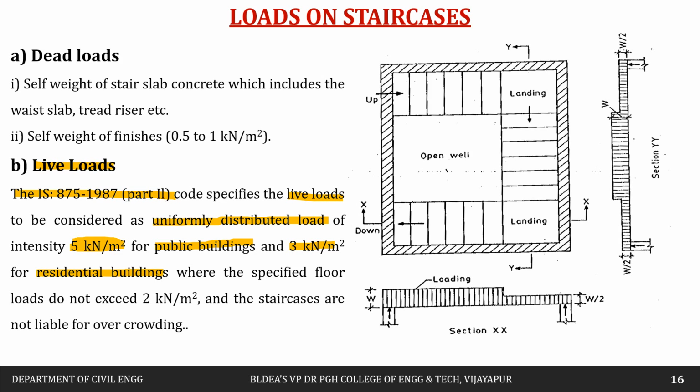If the specified floor loads do not exceed 2 kilonewton per meter square, then the staircases are not liable for overcrowding. For example, if you have any public building where there is a probability of overcrowding, then you have to specify a load of 3 kilonewton per meter square. If you provide 2 kilonewton per meter square, then it is not liable for overcrowding.